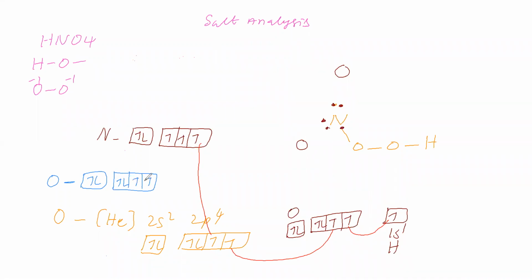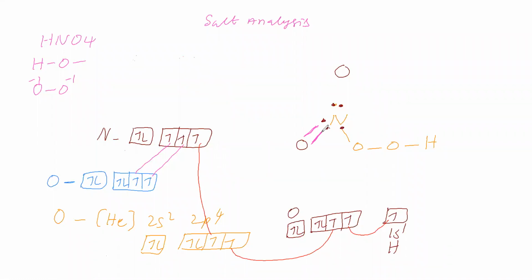One possibility of bonding is this. That means this oxygen is making a double bond with this nitrogen. Double bond means one is sigma, another one is pi.